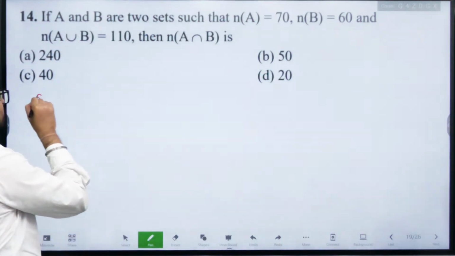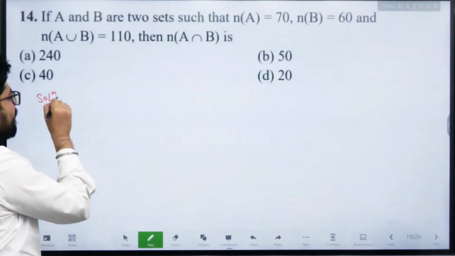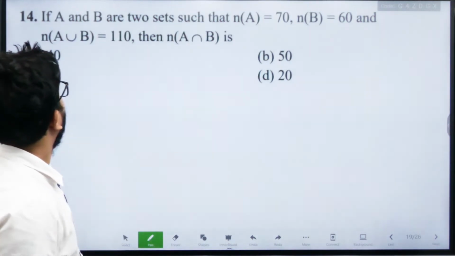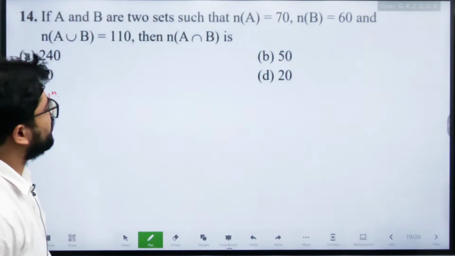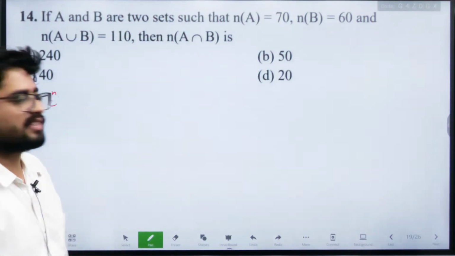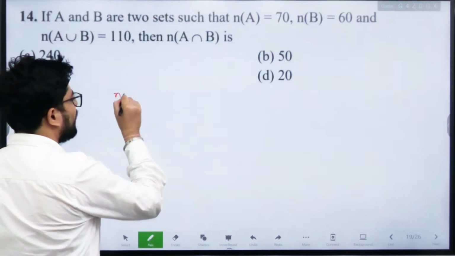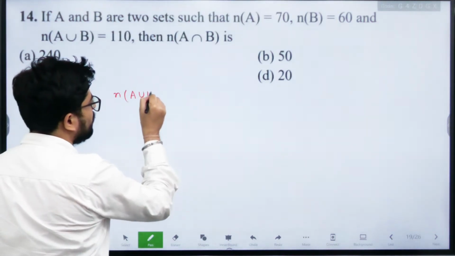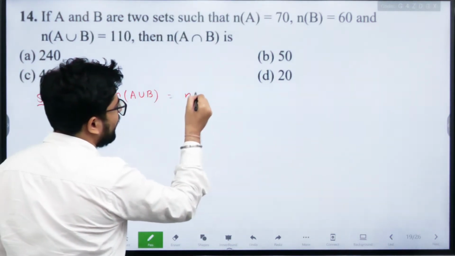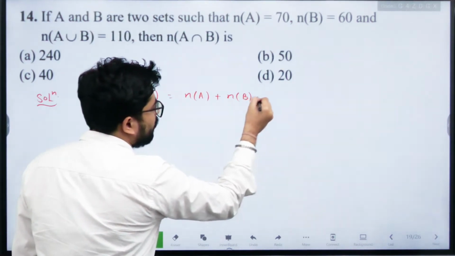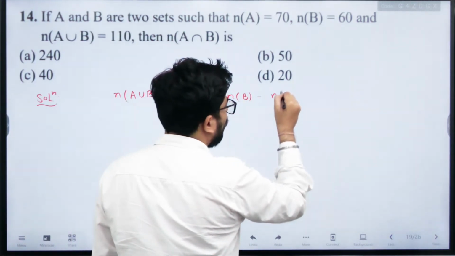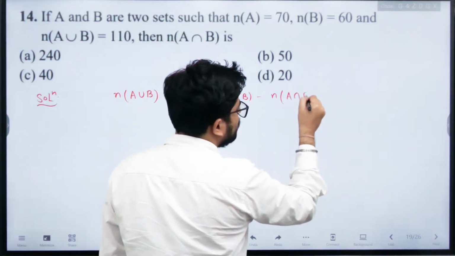A and B are two sets such that n(A) is 70, n(B) is 60 and n(A union B) is 110. You have to calculate n(A intersection B). You know the formula: n(A union B) equals n(A) plus n(B) minus n(A intersection B).